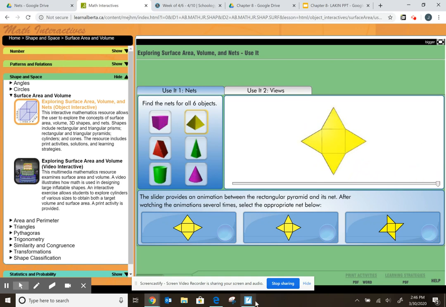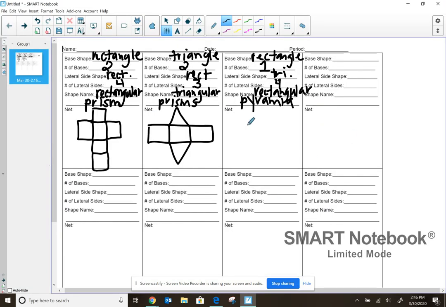Okay, so let's draw that onto our net. We have our rectangle. We have a triangle coming off of each side. And that would be our net for a rectangular pyramid.